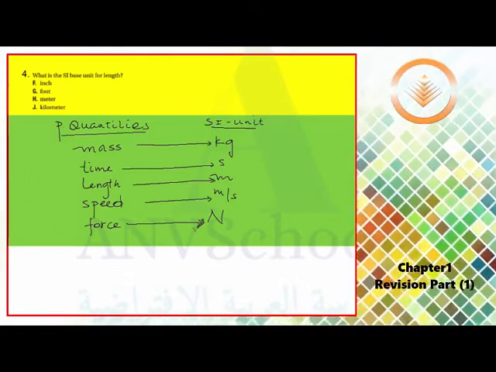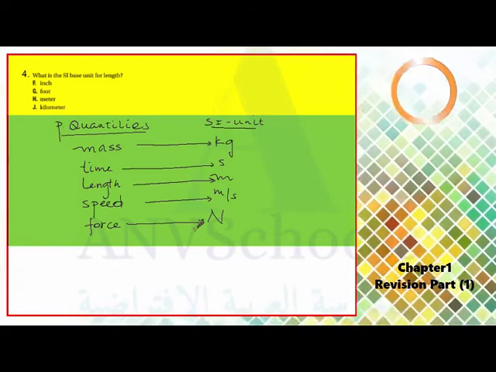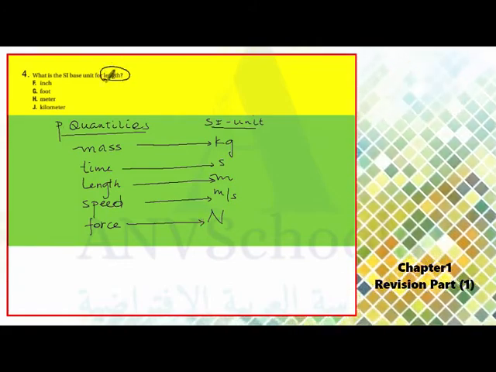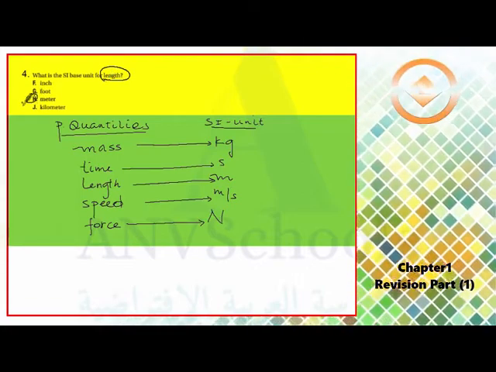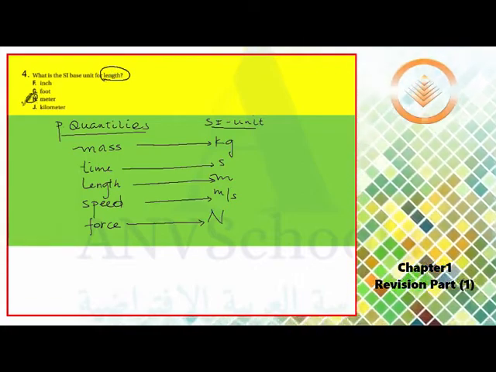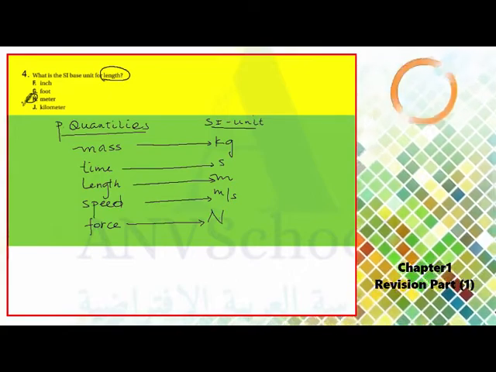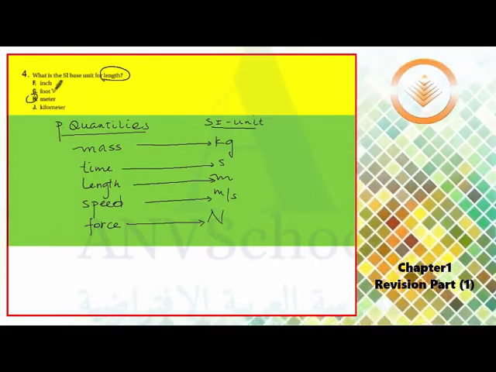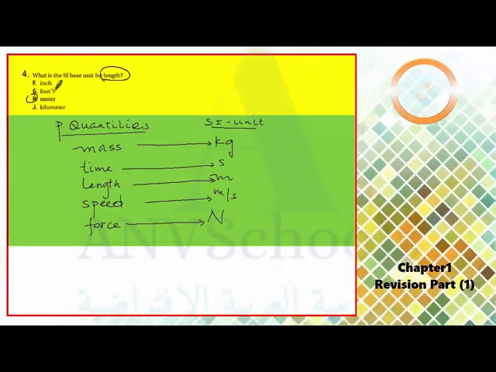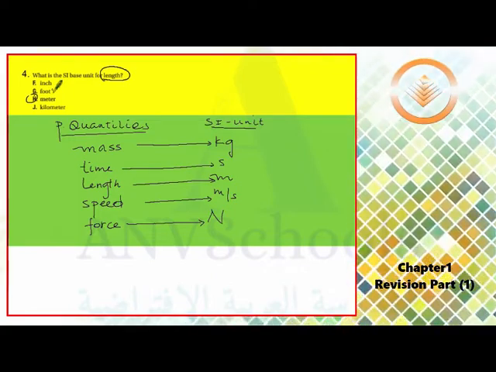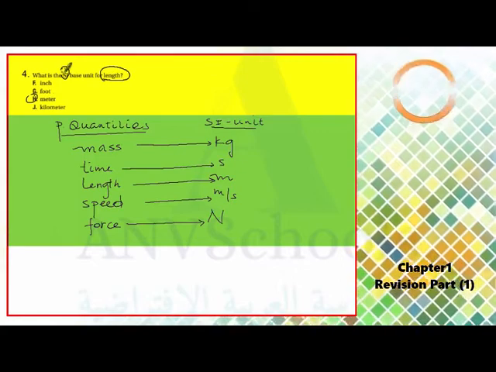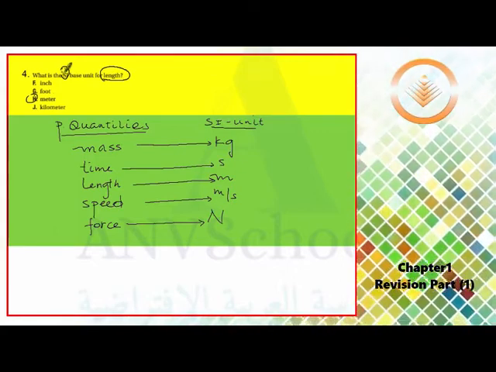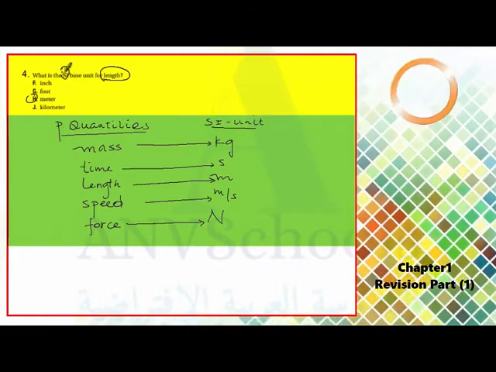So what is the SI? The question says, what is the SI base unit for length? The answer will be meter. But when we say meter, we don't mean that kilometer, foot, inch are not units of length. They are units of length, but it says SI unit, International System of Units.